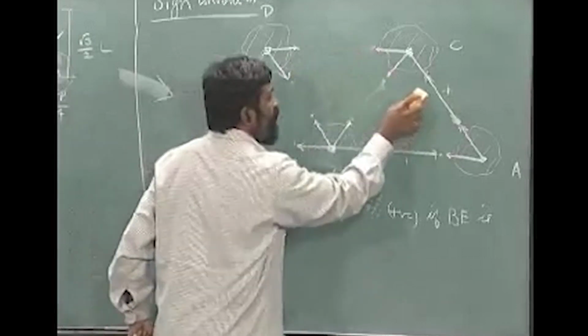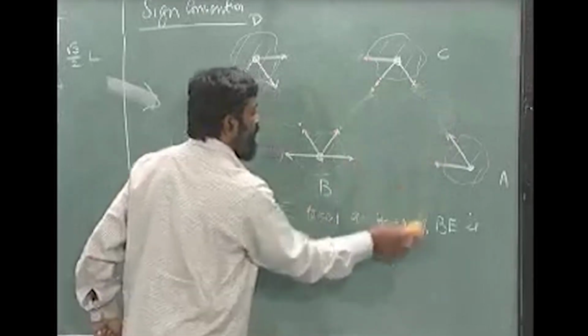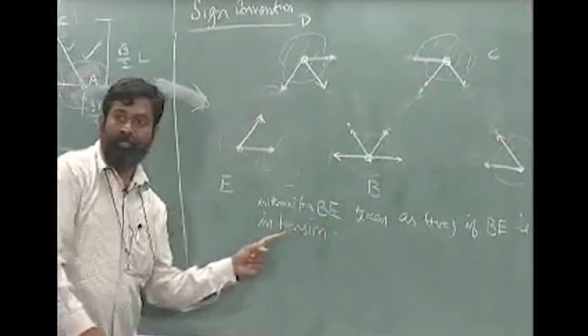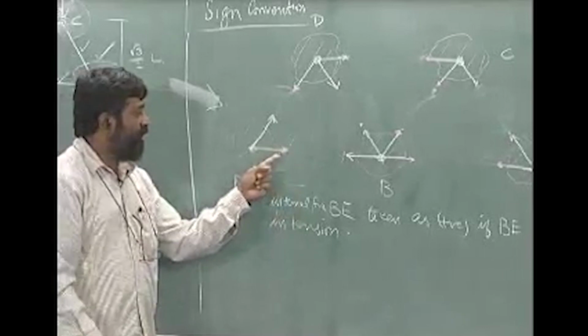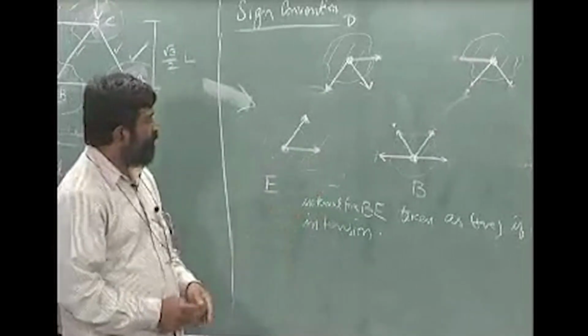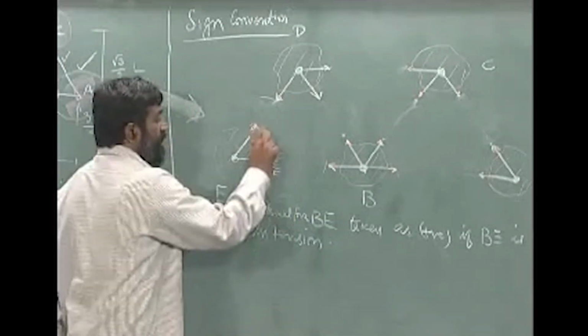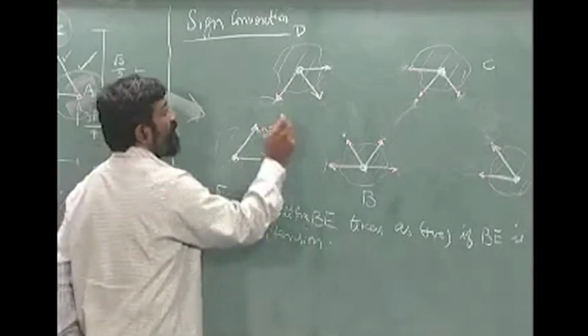The question is, how do I make sure I draw forces that indicate positive values? Okay. And if I get a negative value for this, it means that the member is in compression. Let me just write down the member forces here. This is BE, this is DE, and so on.